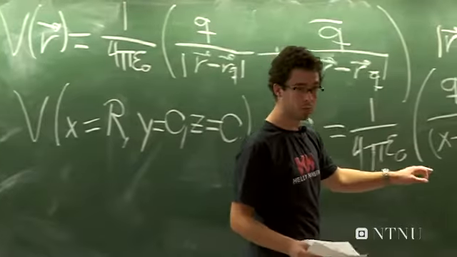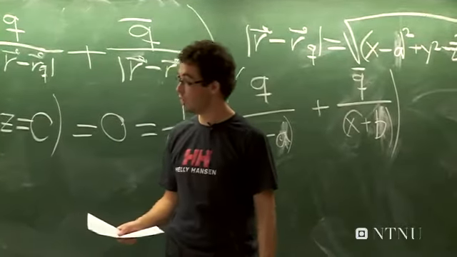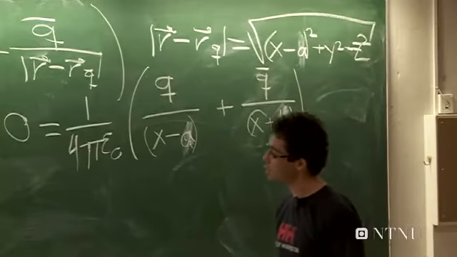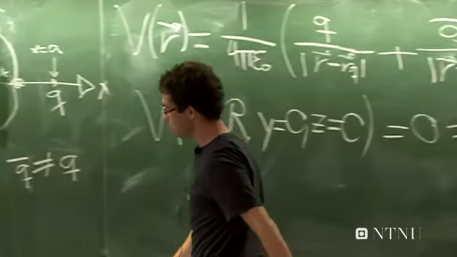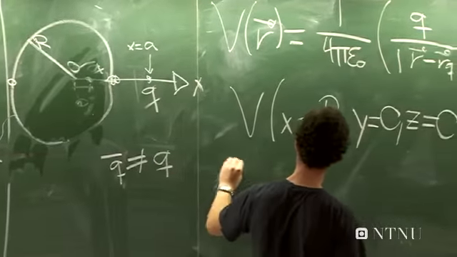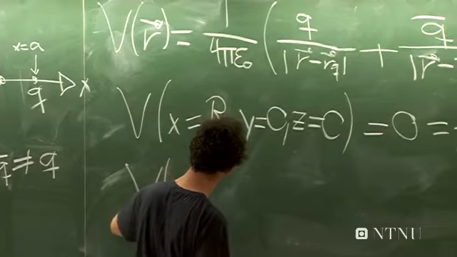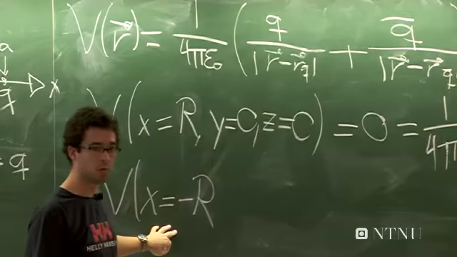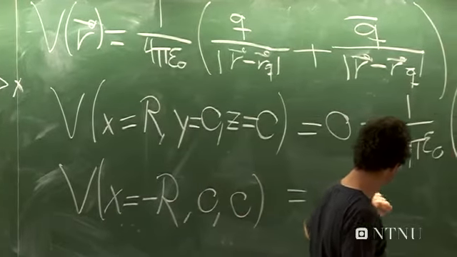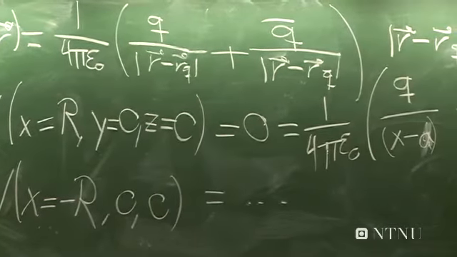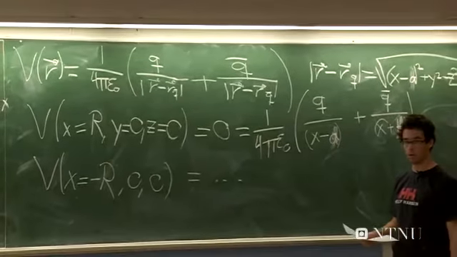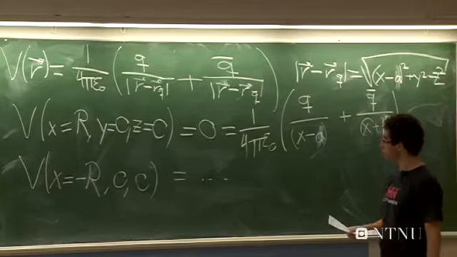But I don't know exactly where to put it, and I don't know how big it should be. So now this is one equation, and I can find another equation by looking at this point here, which is then at x equals minus r. And I think I'll leave it as a homework exercise for you to figure out these equations, so we can continue on separation of variables today.